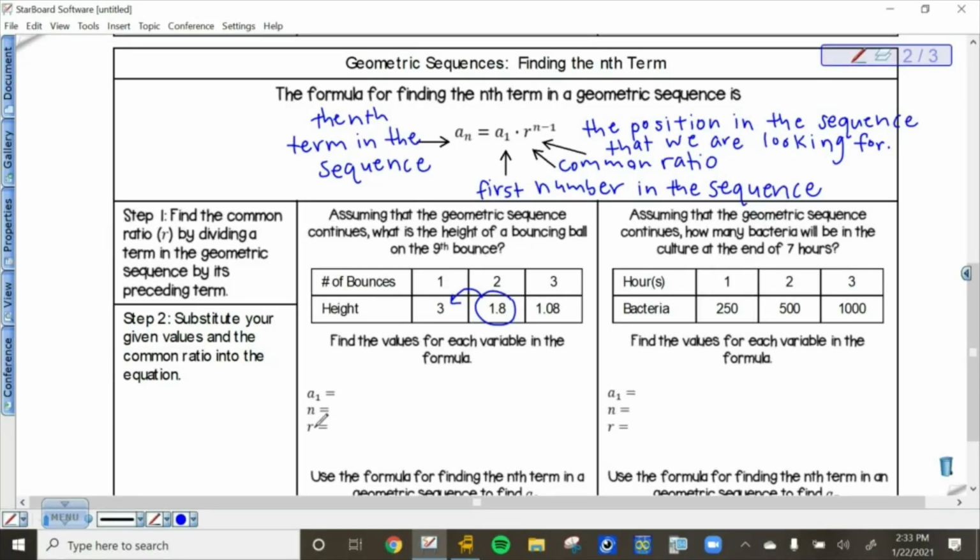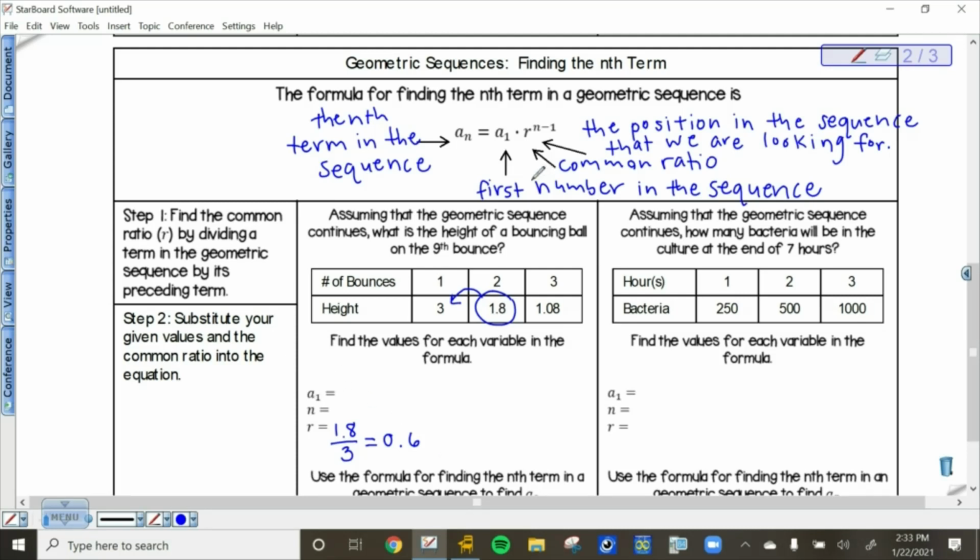That's our R. So that's going to be 1.8 over 3. We divide one term by its preceding term. 1.8 over 3 gives us 0.6.